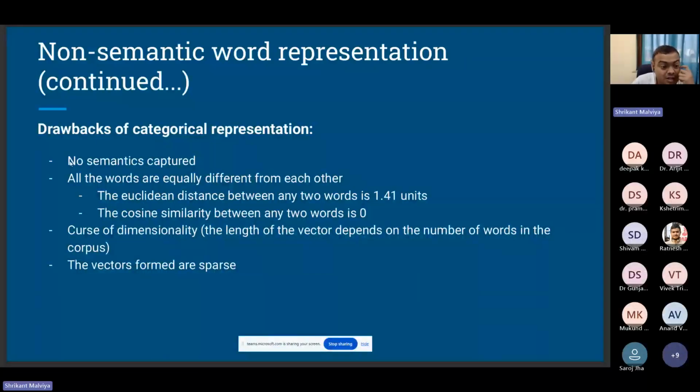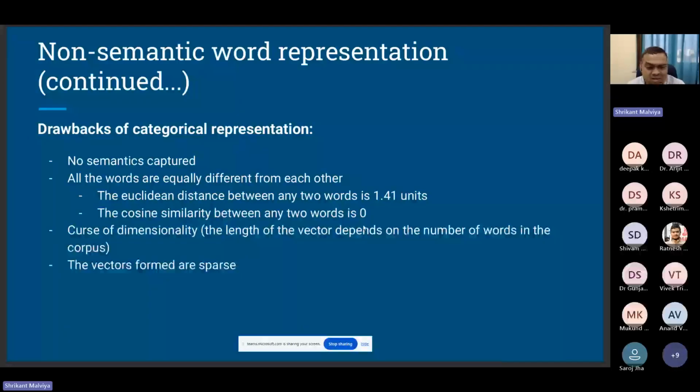First of all, no semantic information is captured for each word representation, because each word is just opposite to another word. We can understand it if we find the similarity of two words: the cosine similarity is zero, meaning no word is similar to any other, even though two words may have similar meanings, but one hot representation will not capture that.